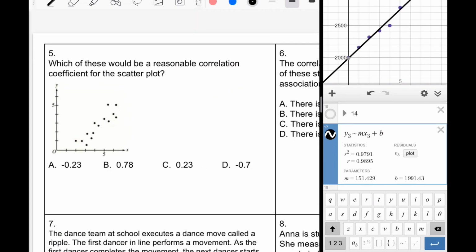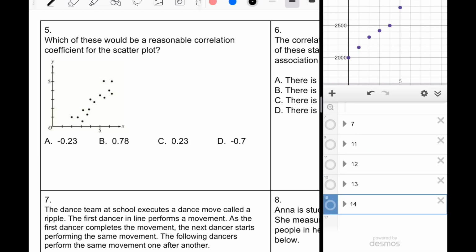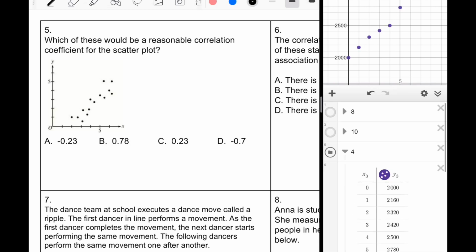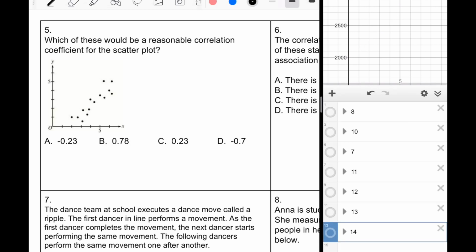All right, so now we're looking at the correlation coefficient here. It says, what would be a reasonable correlation coefficient for this scatter plot? If I'm looking at this scatter plot, I'm looking at what would be reasonable for my correlation coefficient. We don't know exactly, but what could be the best possible answer. The first thing I'm going to notice is that it's going up, so we're going to get rid of any negatives.